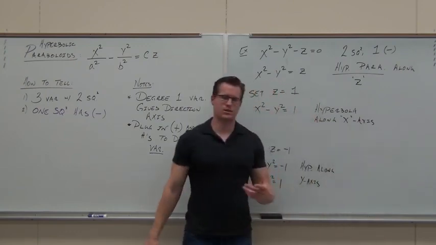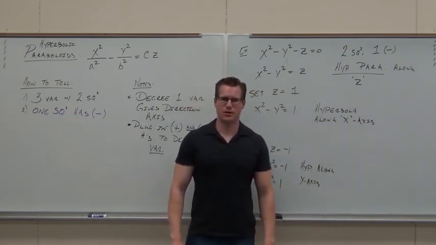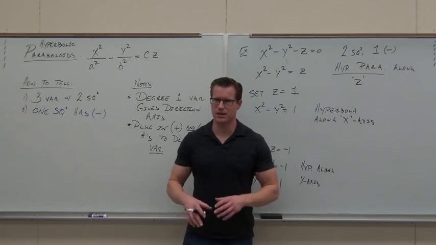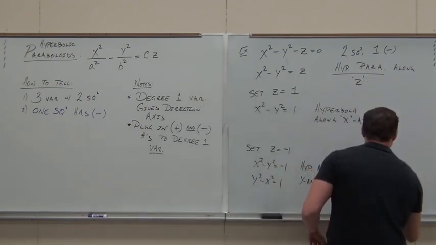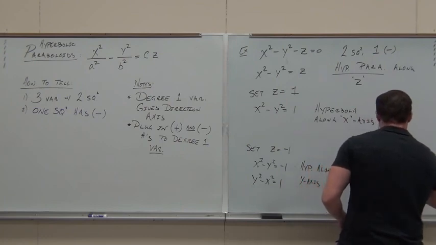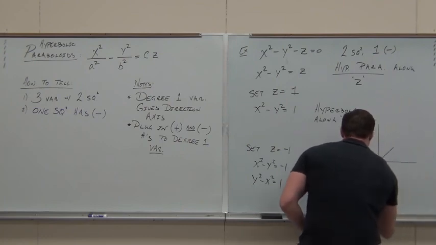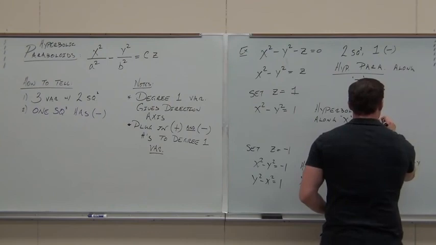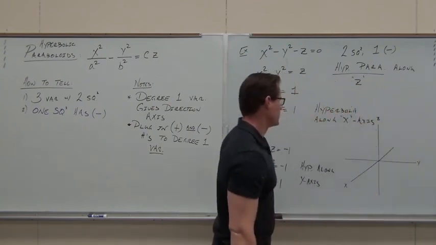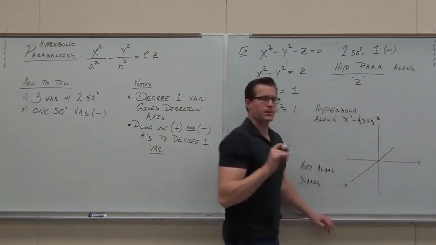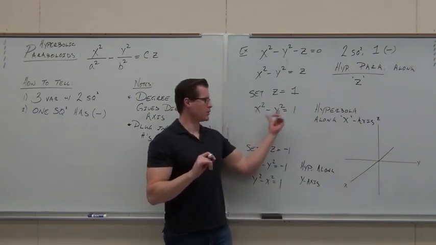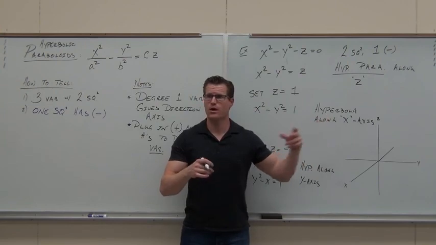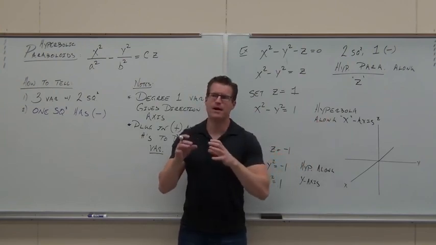This is the last chance that we get to do this for a while, to draw one of these shapes, so I really want to make sure it sinks in. I know it's been a little while since we did this. I hope, for goodness sakes, that you remember this. Whatever variable you're plugging a number in for, it creates a trace at that plane.